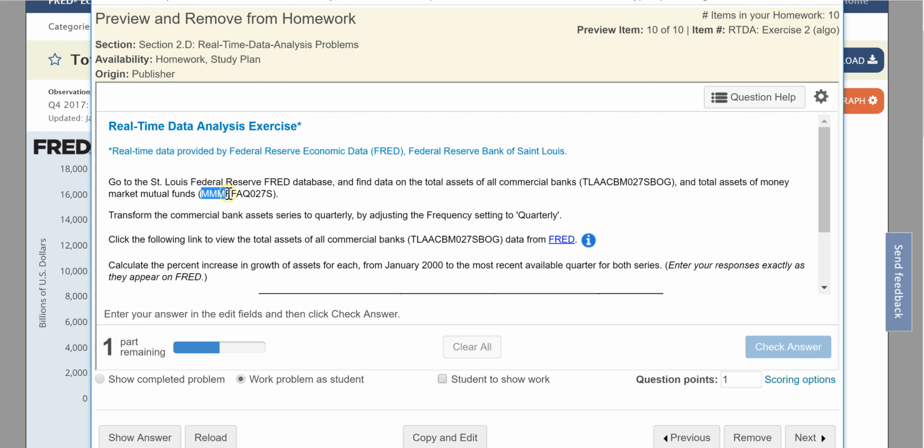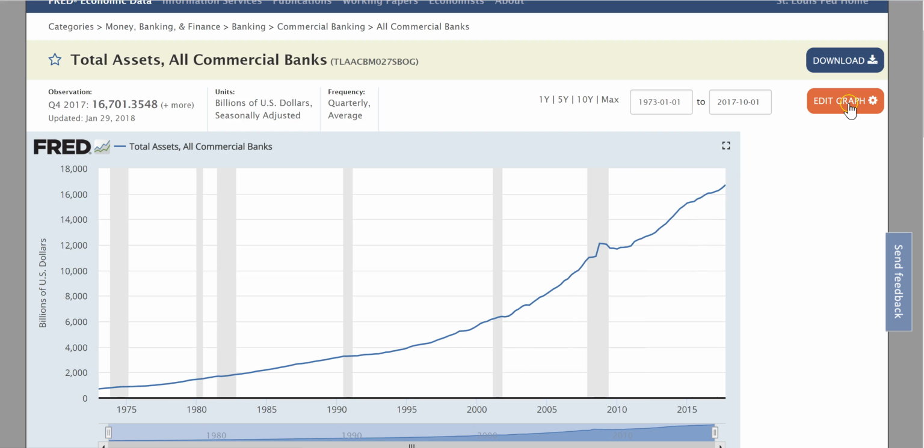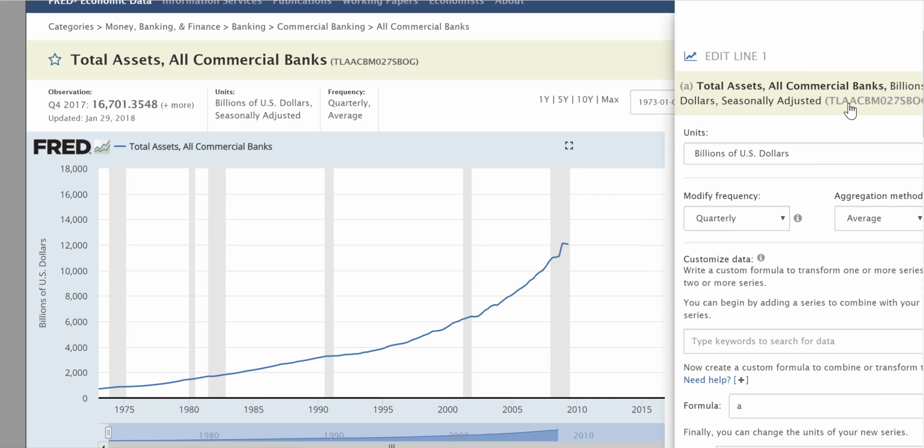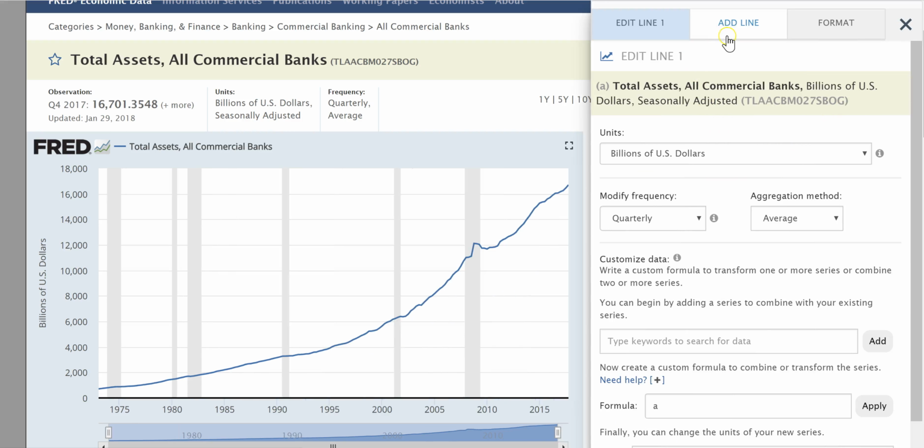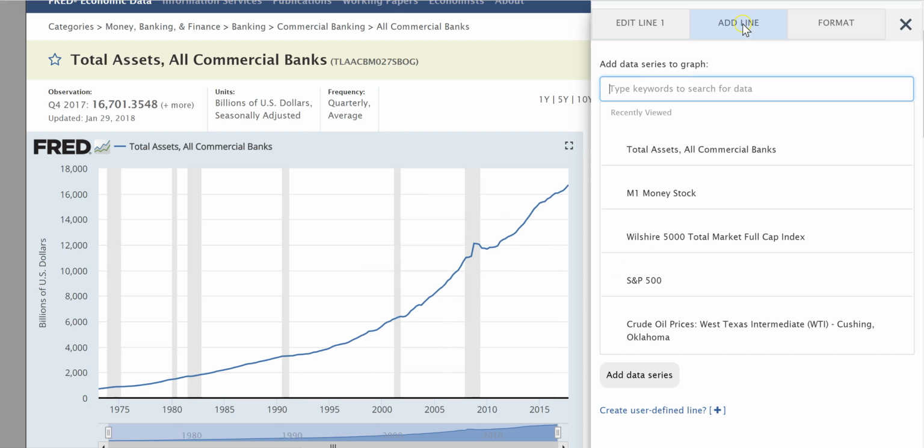Again, as I mentioned, this symbol here is very important. You basically just need to copy it, and use the edit graph function again. Now we need to go to add line, because we want to add a second line to this chart.